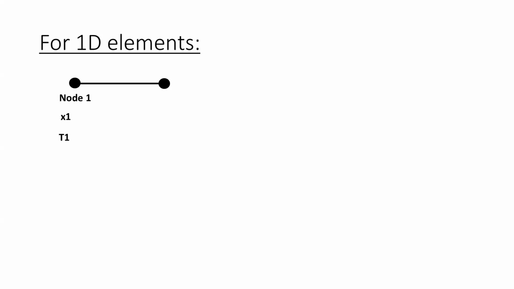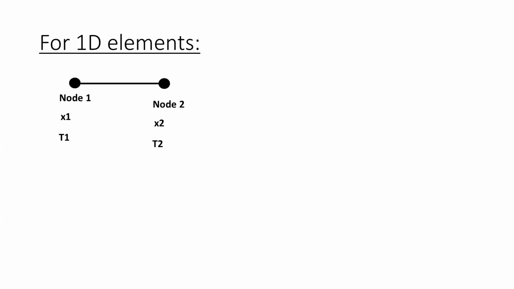So depending upon the type of analysis being made, the unknown is going to be at this particular node. Similarly, for the node at the right end, this is node number 2 at a location of x2, and this is t2, the second unknown.